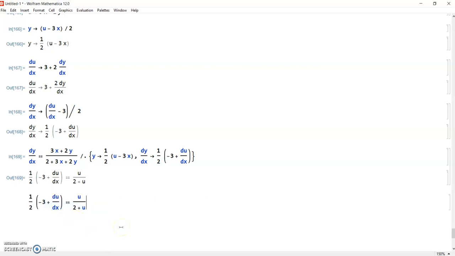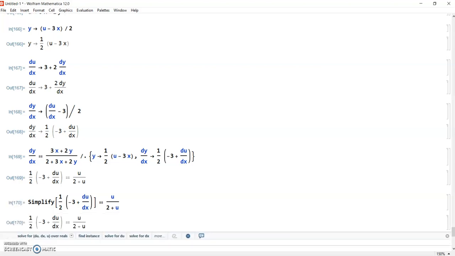So for separating the variables, what I can do is simplify this right hand side. So in this case, simplify. So it will be like this.